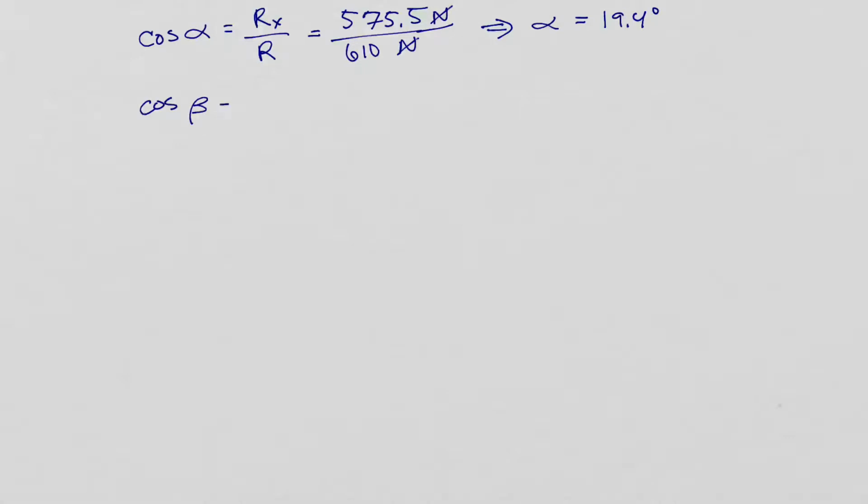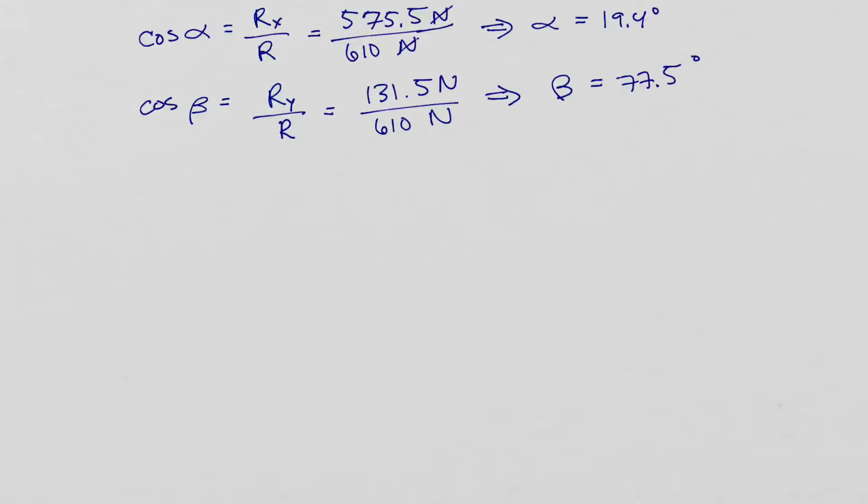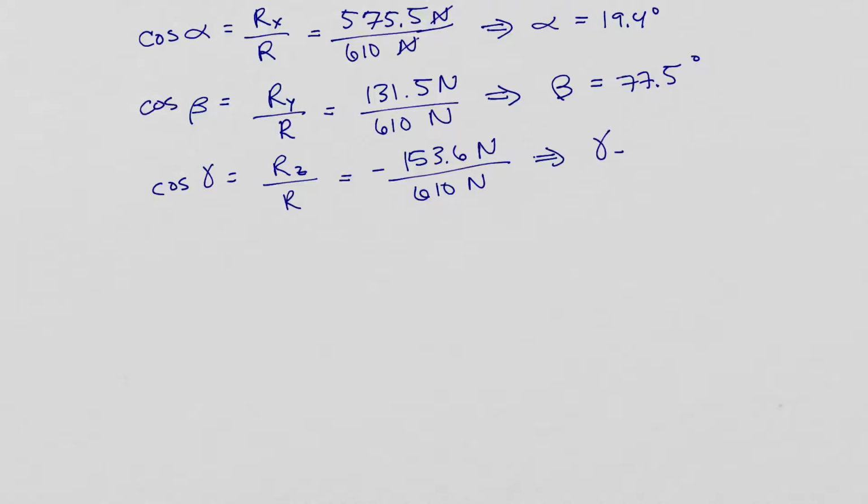Cosine of beta equals Ry over R. That equals 131.5 newtons over 610 newtons. And that leaves beta equal to 77.5 degrees. And then cosine of gamma equals Rz over R. So that equals negative 153.6 newtons over 610 newtons. So that gives us gamma equals 105 degrees.